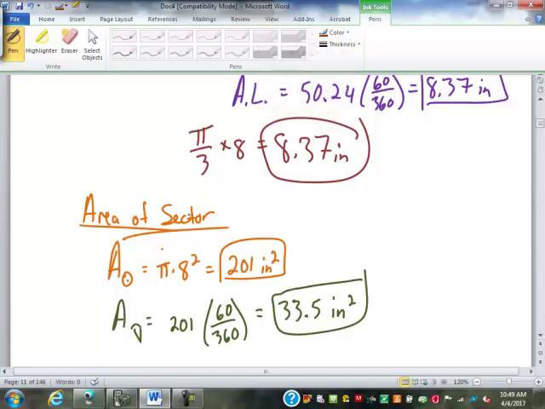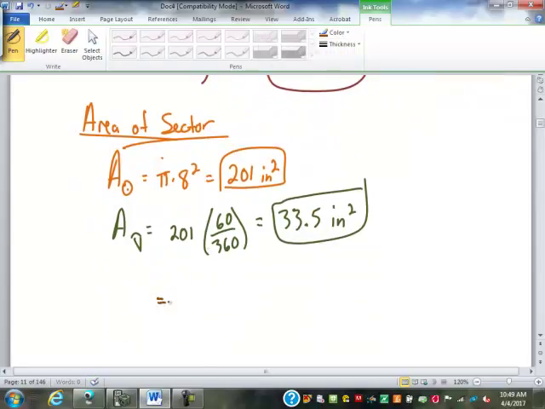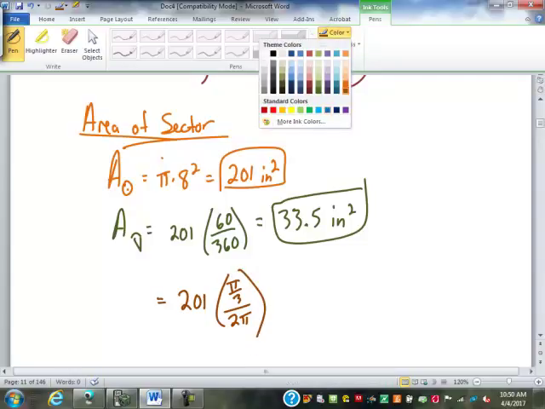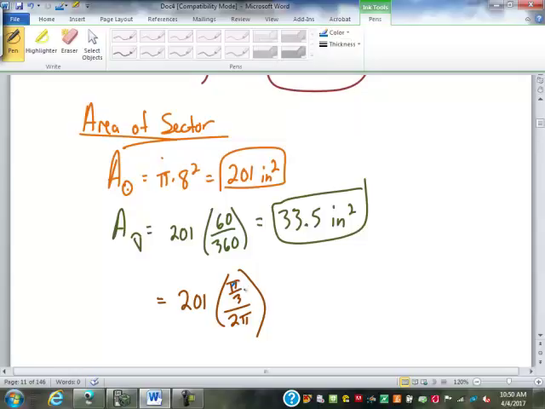If you wanted to use the radians, take 201 times pi over 3 over 2 pi. The pi's will cancel out. So what you have is 1/3. So this is 201 times 1/3 over 2.